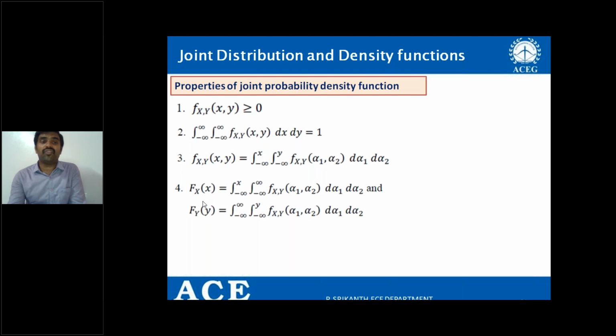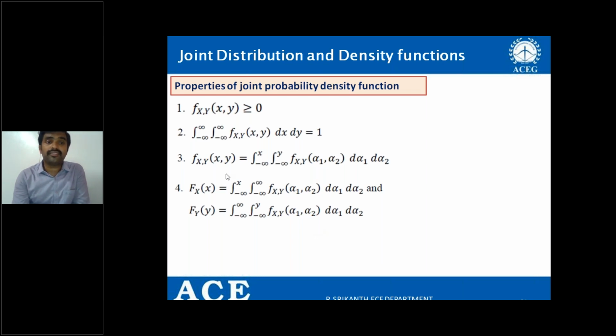Capital F_X(x) equals integral from minus infinity to x, integral from minus infinity to plus infinity, of f_{X,Y}(α1, α2) dα1 dα2. Similarly, capital F_Y(y) equals integral from minus infinity to plus infinity, integral from minus infinity to y, of f_{X,Y}(α1, α2) dα1 dα2, right? It is the way to derive the marginal distribution.